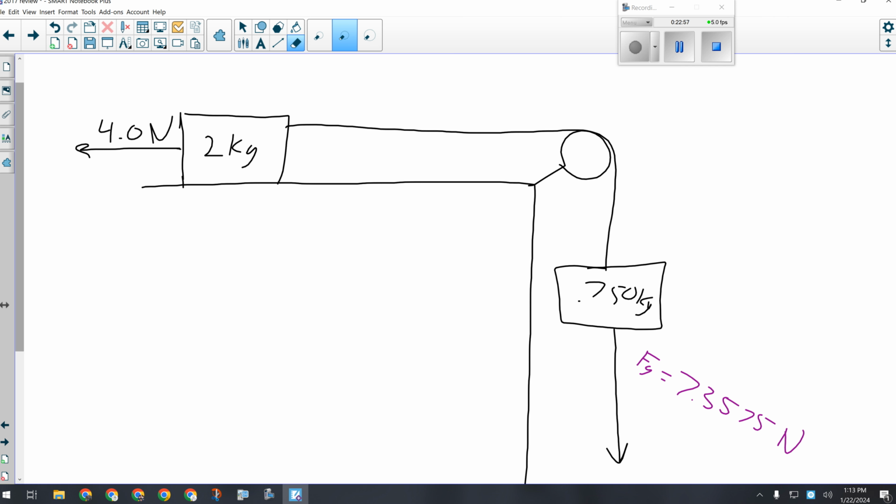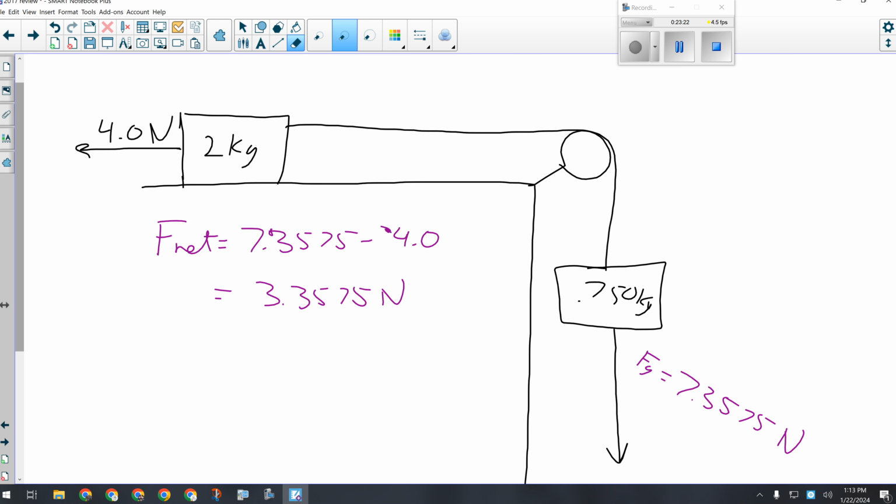So if I want to calculate the acceleration, I just have to find the net force. F net is going to be 7.3575 minus 4 newtons, because they're acting in opposition to each other, so that's going to give me 3.3575 newtons, if my mental math is correct there.